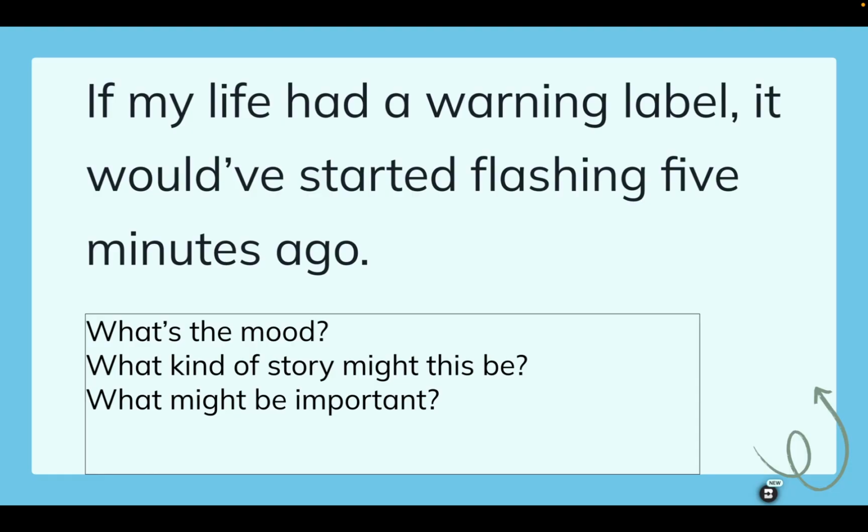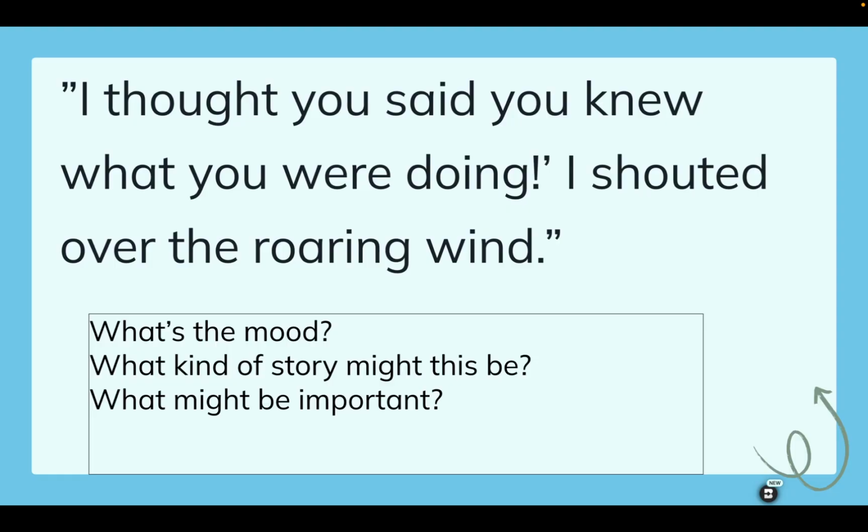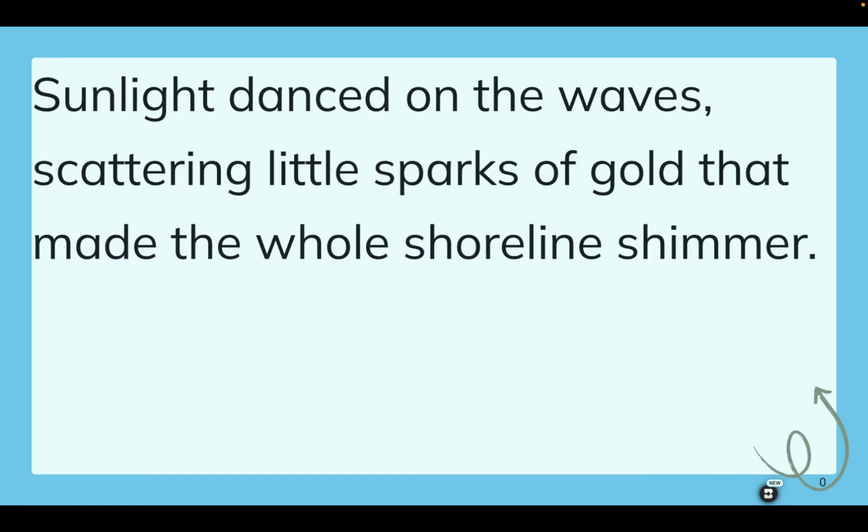You think? I thought you said you knew what you were doing, I shouted over the roaring wind. Sunlight danced on the waves, scattering little sparks of gold that made the whole shoreline shimmer.